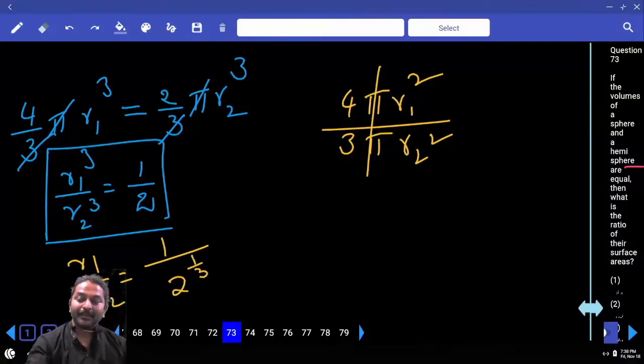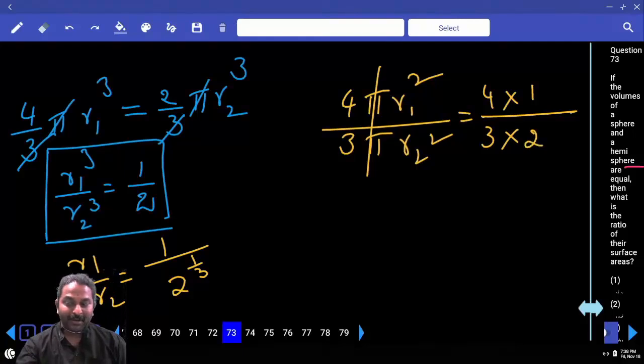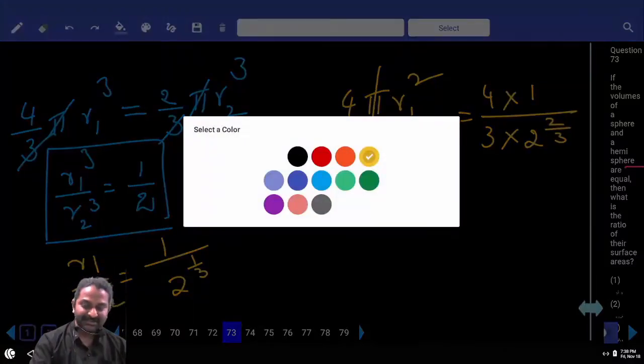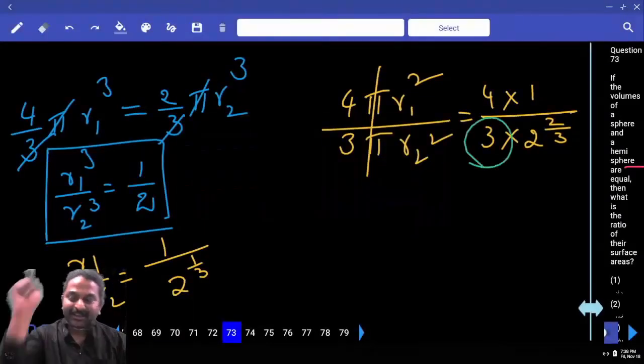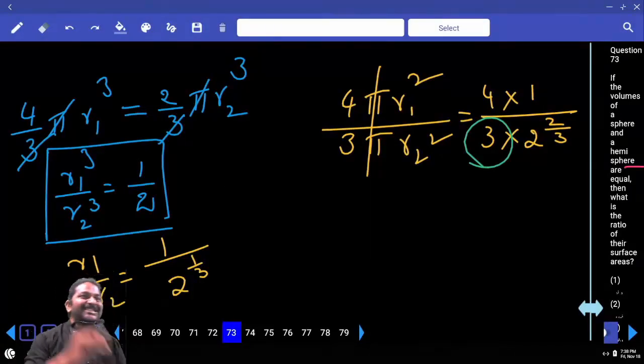Correct? 4 into r1 square by 3 into r2 square. r2 is 2 power 1/3, to the power of 2, in the sense 2 power 2/3. In the denominator you have a multiple of 3. Do you have a multiple of 3 in the numerator?